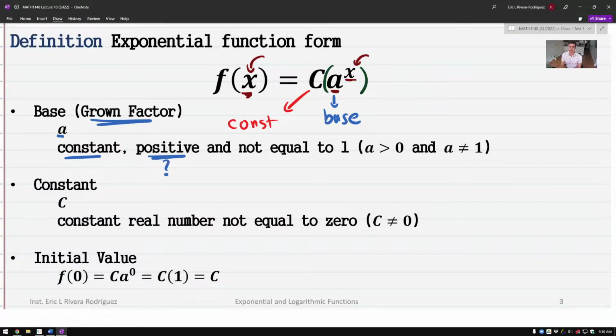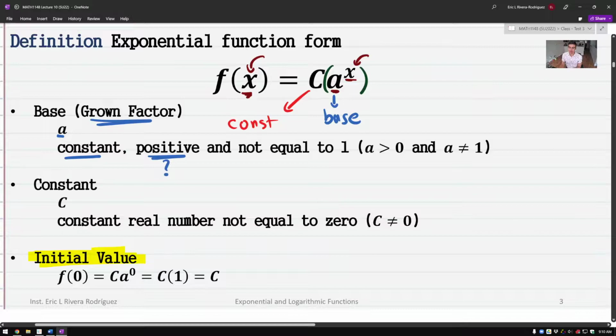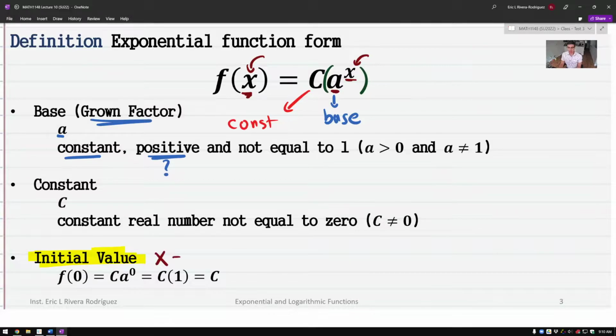And we have another important property that we are going to call the initial value. So we are going to have a specific value of this function that we are going to call the initial value, and that is when x is equal to 0.